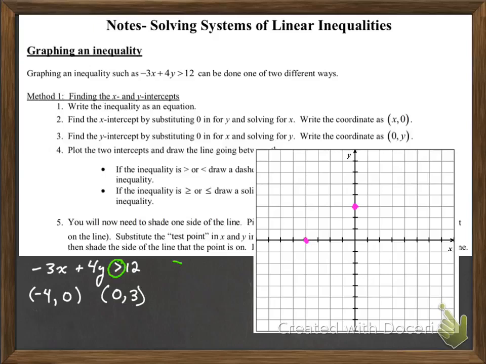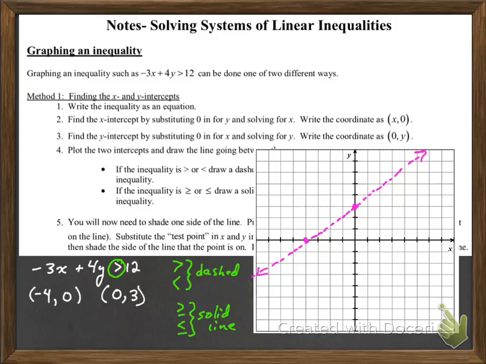If you have just a greater than or just a less than, what you are going to have is a dashed line. If you have greater than or equal to or less than or equal to, you will have a solid line. Now, in this particular situation, our graph will be dashed. So we can sketch this dashed line in here. When doing your graphing, actually use a straight edge.